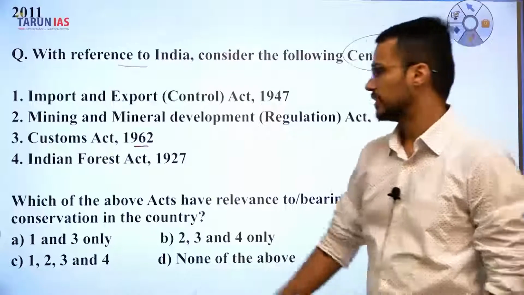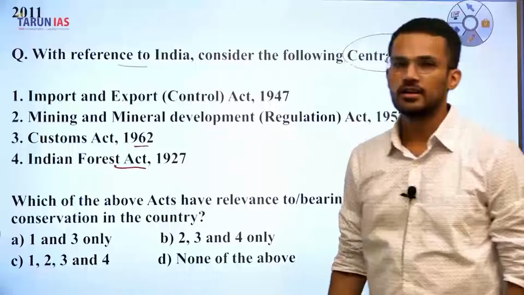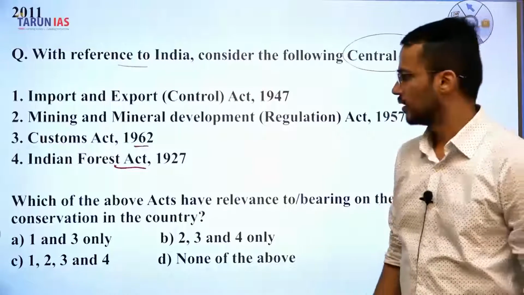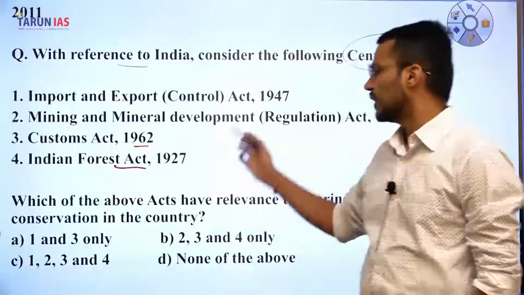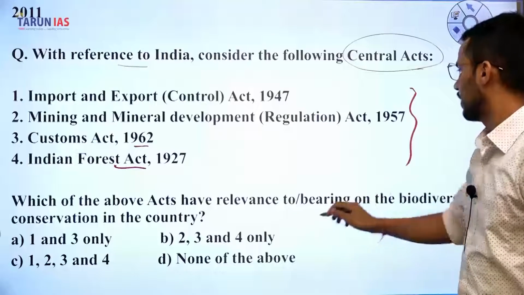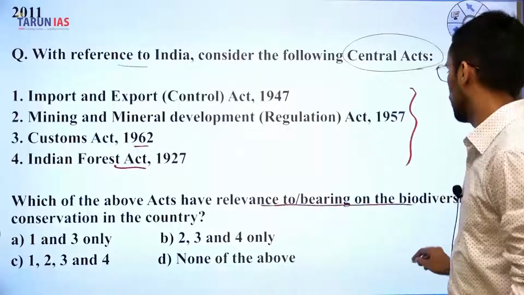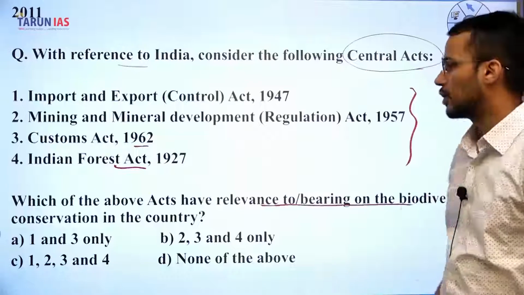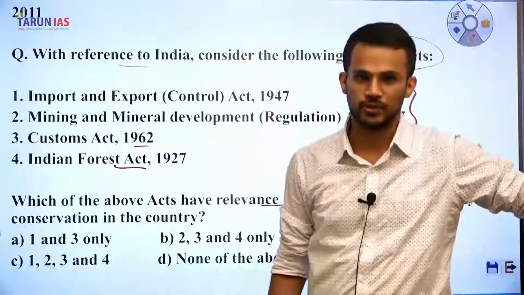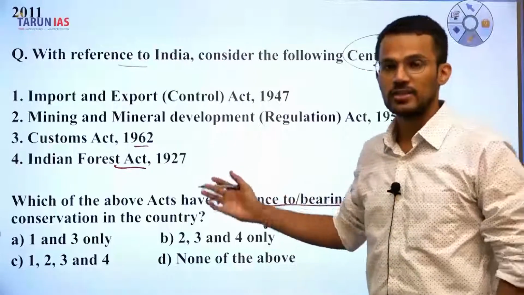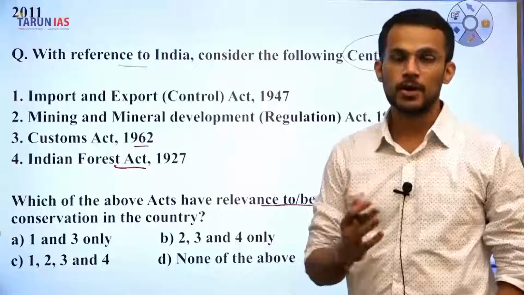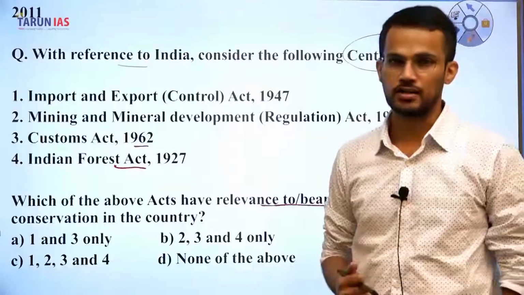And fourth is Indian Forest Act 1927. You have to answer which of the above acts have relevance to or bearing on biodiversity conservation in the country. Fine. So out of these acts, which acts have bearing on biodiversity conservation in our country?